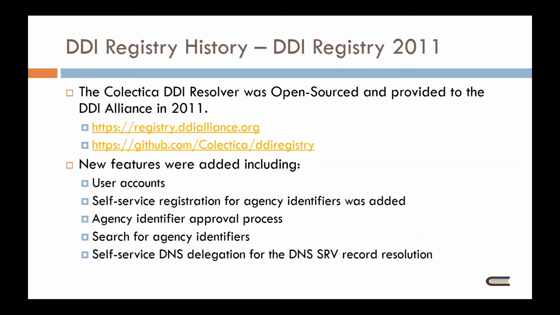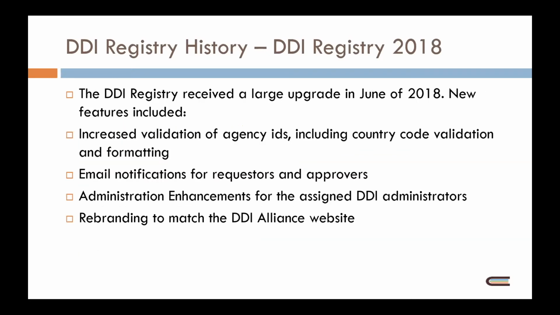And it also included the ability to delegate that DNS service resolution to your own organization's name servers, which allowed different organizations to publish even more records than what were published by the DDI registry in the DNS space. That functioned fairly well for several years, 7 years.